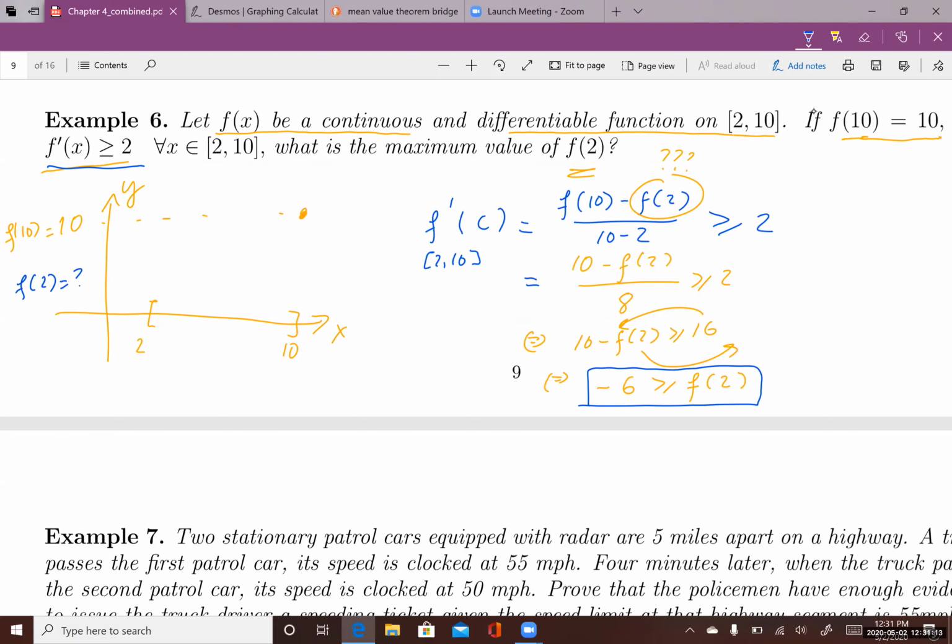It says f of 2 is less than or equal to -6. If f of 2 is less than or equal to -6, that means the maximum value of f of 2 is -6. That is your answer. It has to be less than or equal to -6. That means the maximum value of it is -6.